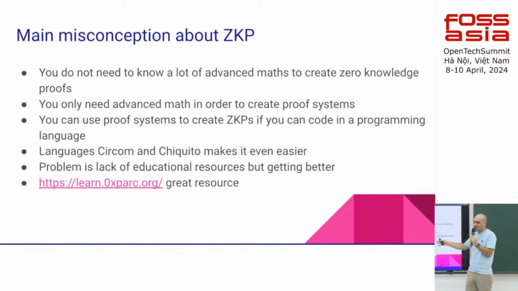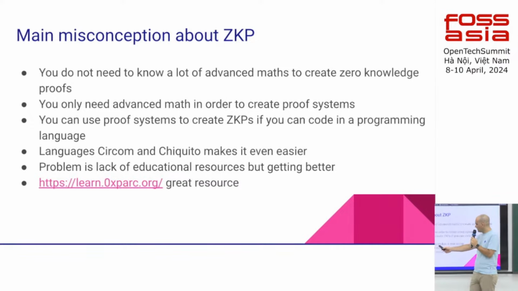Those are the proving systems and the languages that allow you to create zero knowledge proofs more easily. A very popular language is Circom, which makes it easier to create zero knowledge proofs, and we are working on Chiquito at PSC. There are many other languages that make it easier to build zero knowledge proofs.